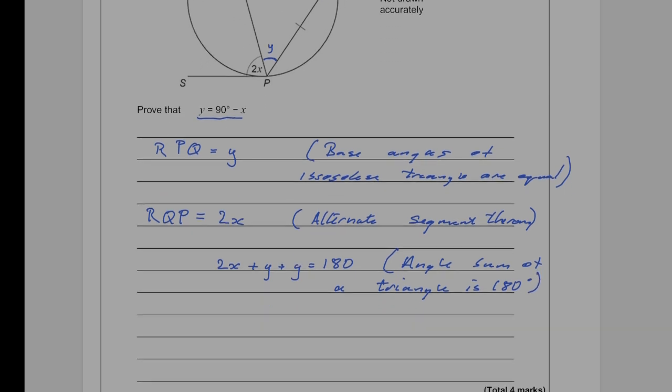So based on that, I can say that, let's tidy it up a little bit, 2x plus 2y must be equal to 180. If I halve everything, that would give me x plus y must be equal to 90. And then if I rearrange to make y the subject, that would be y is equal to 90 minus x, which is what we were asked to show.